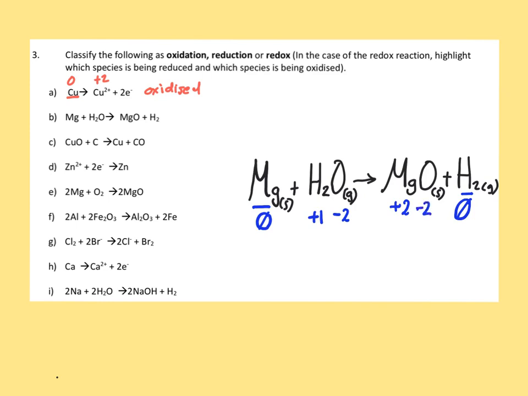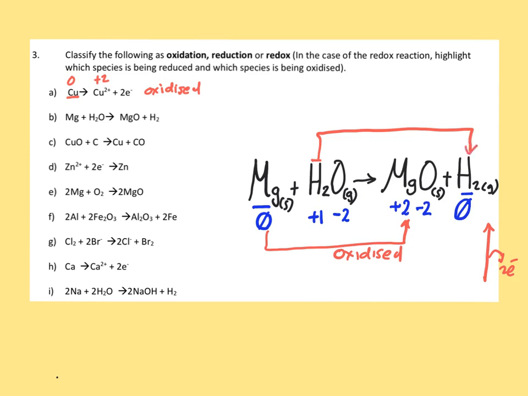So let's consider the elements on their own. Magnesium has gone from 0 to +2. Magnesium has gone up the ladder and given away 2 e's, and therefore magnesium has been oxidised. On the other hand, hydrogen here has gone from +1 down to 0, so hydrogen has become reduced.